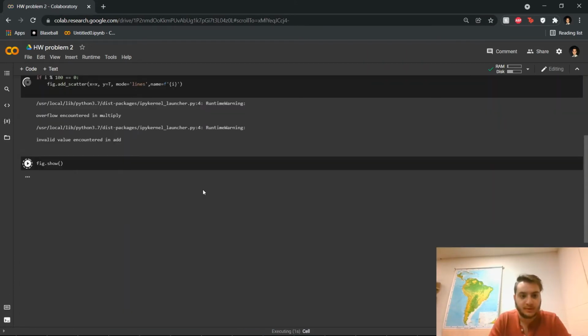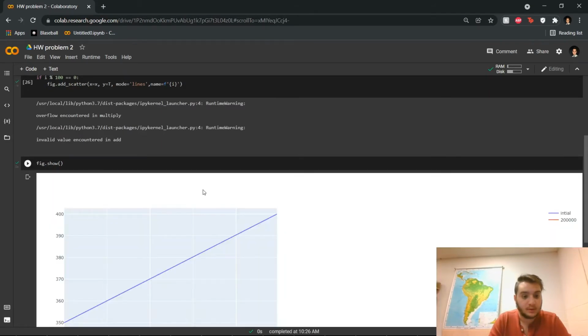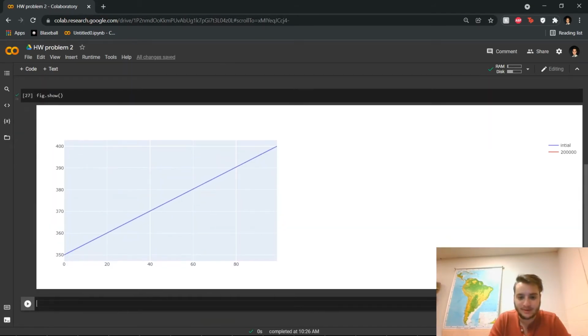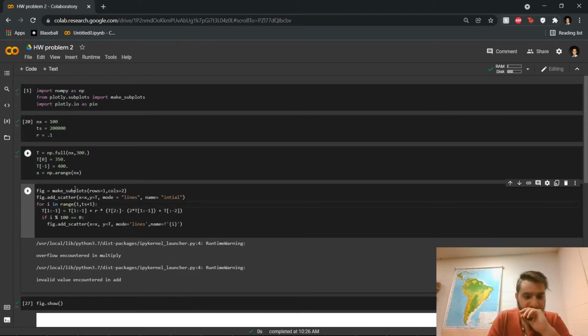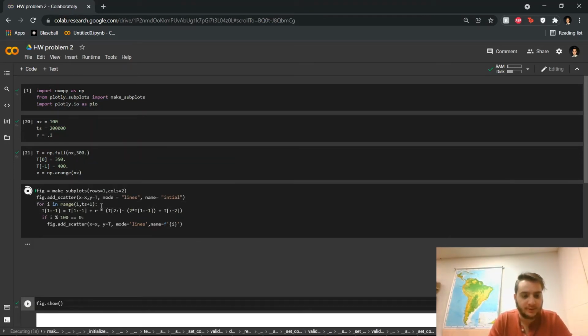See if that makes the difference, and it doesn't. One second. Alright, I have found the issue. The issue was that there was a space in between here and there, causing that for statement to not function properly.